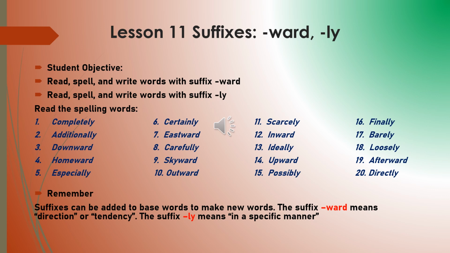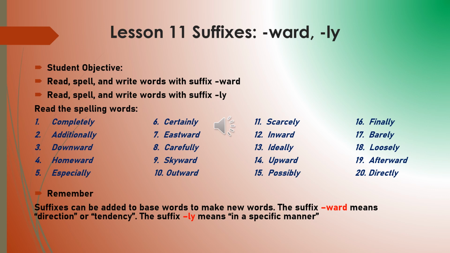Now here we have 20 spelling words. And when you read the spelling words, you are going to find out that the suffixes these 20 words have are ward and ly. Look, number 1, completely. The suffix ly is at the end of the word completely.